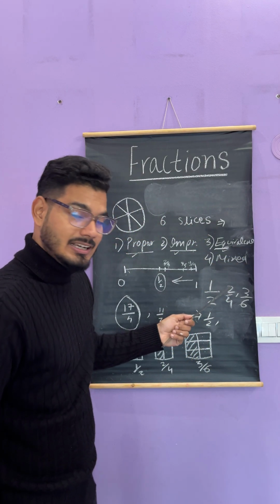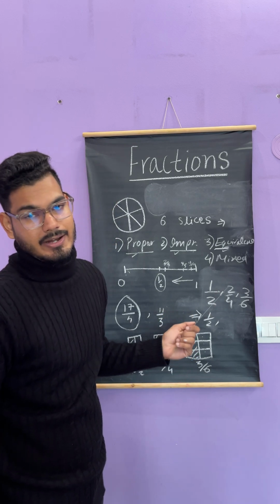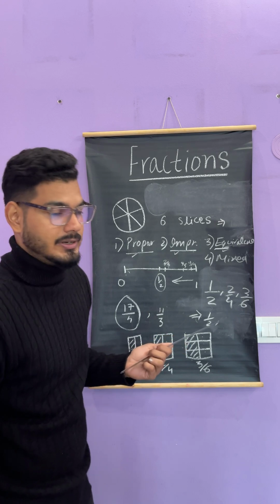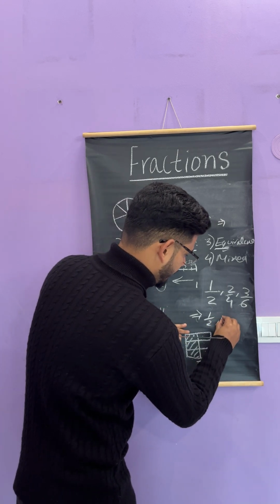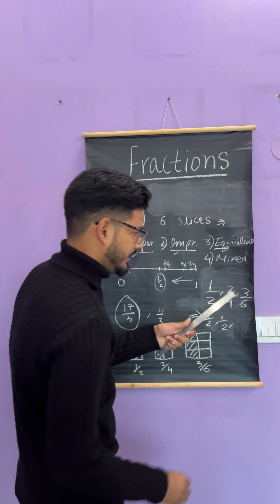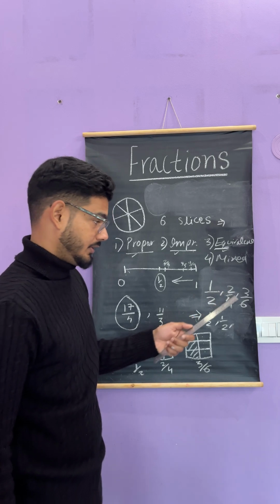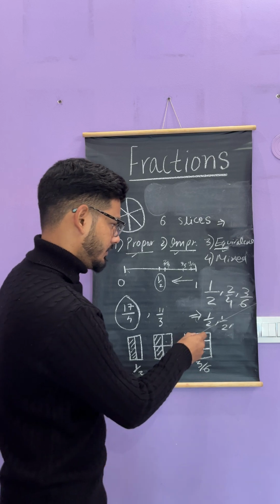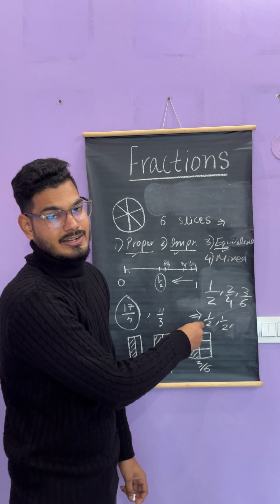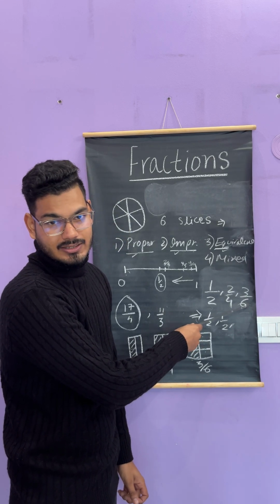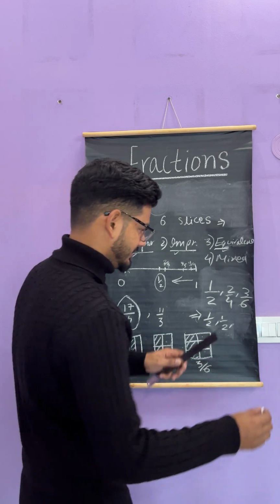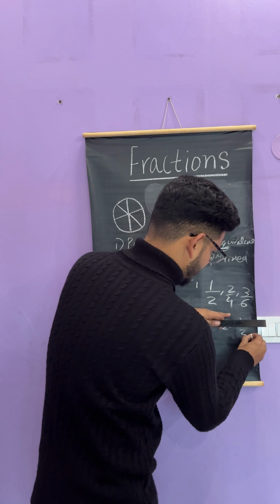Upon dividing this fraction's numerator and denominator by 2, we'll get 1 upon 2. 2 ones are 2, 2 twos are 4. And upon dividing the third fraction's numerator and denominator by 3, 3 ones are 3, 3 twos are 6, so we'll get 1 upon 2.